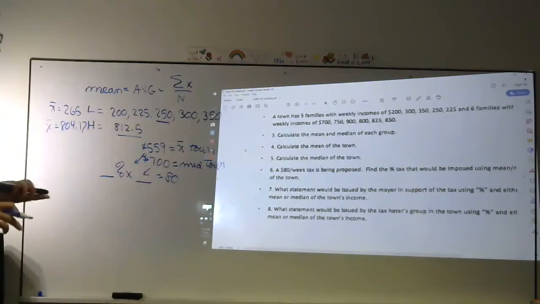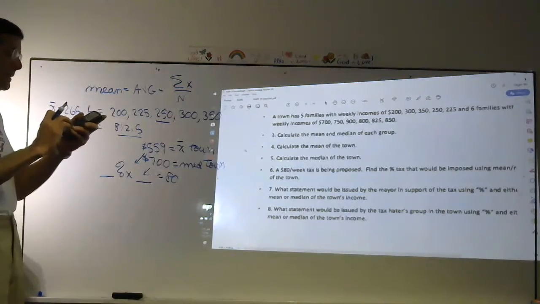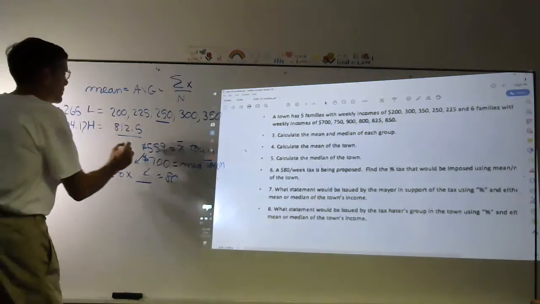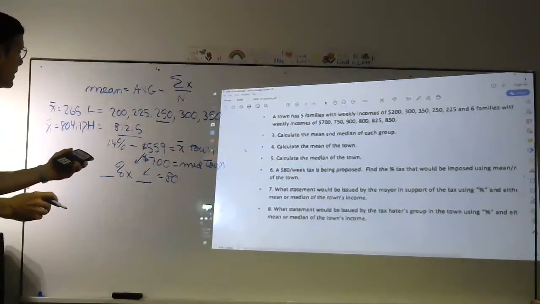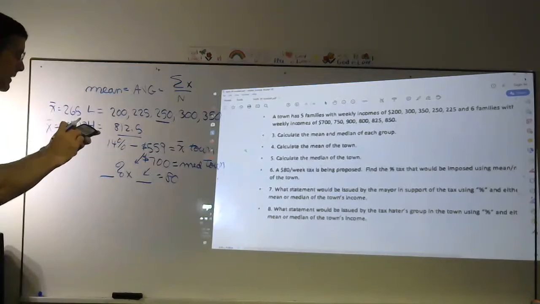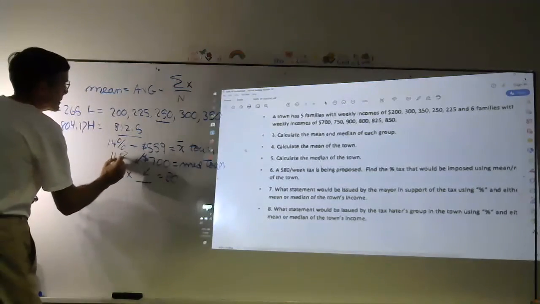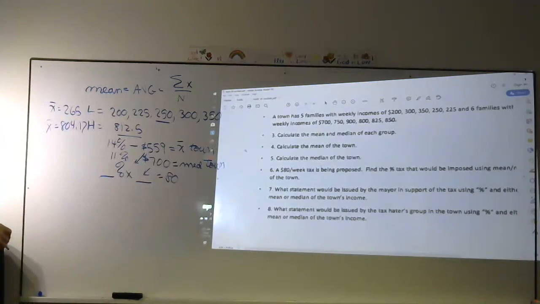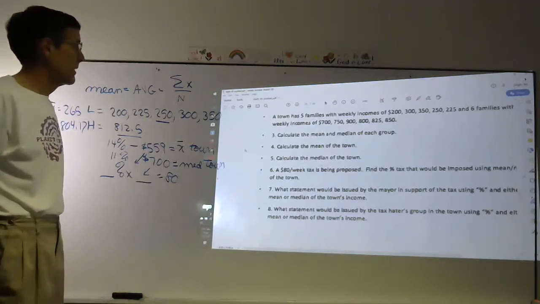So you can find your rate of tax by taking 80 divided by 559, and I get 14%, or 80 divided by 700, and I get 11%. Are you with me on what I did? Okay, that's in the middle blank, so it's 80 divided by that one.